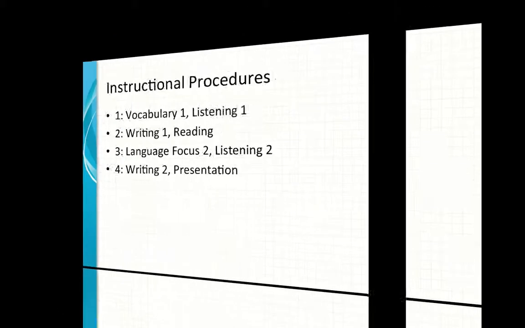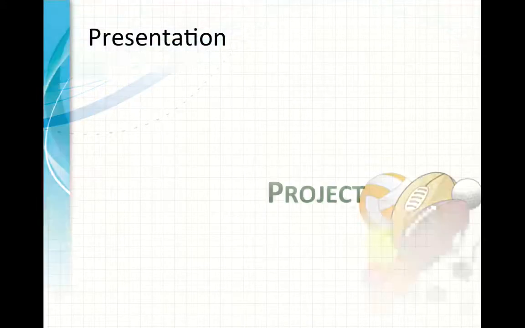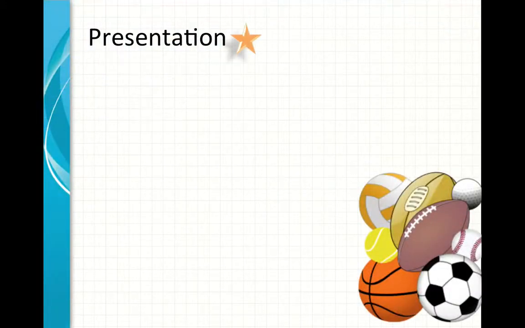Okay, let's move on to the next one, that is the project. The project, as I mentioned before, is a presentation. Because this is the FCE level, that means it is the B1 level, so I just give them a topic that is more personal and easier to do.